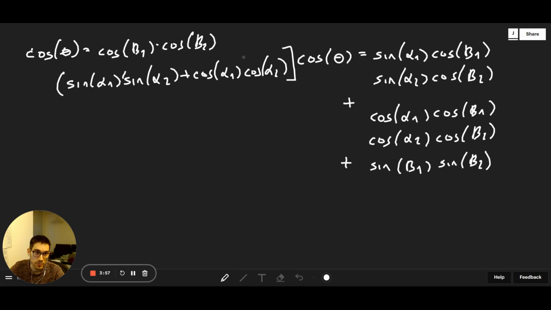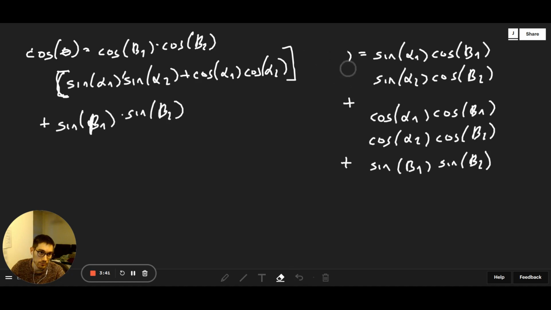This is all factorized, multiplied by this, plus sine beta 1 times sine beta 2.